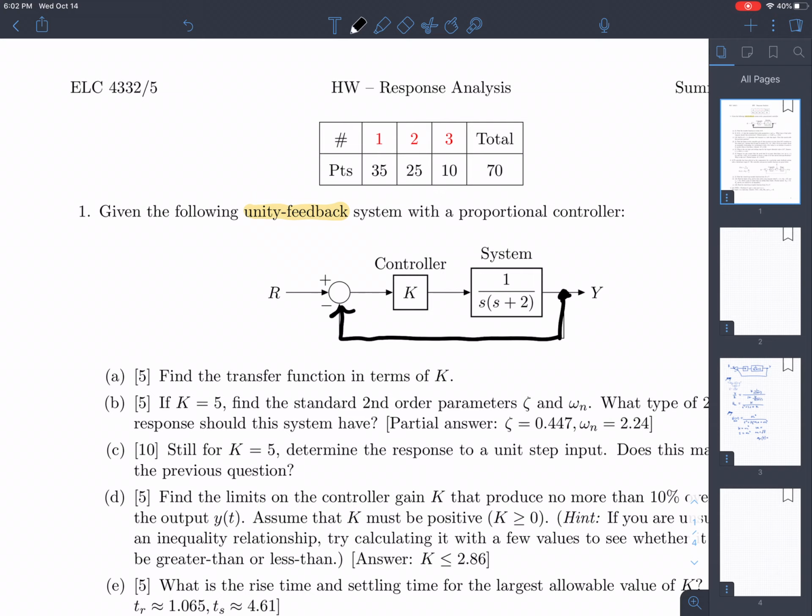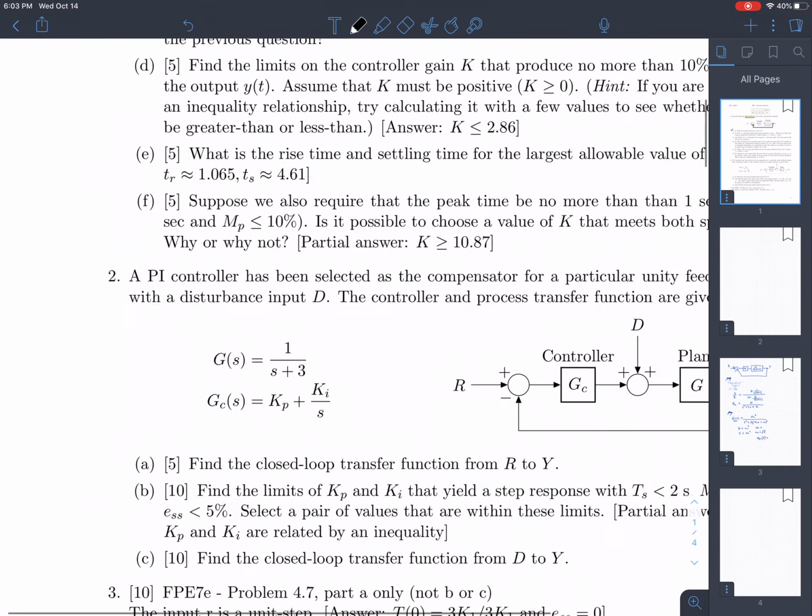When we say gain in electrical engineering, we just say we're going to multiply that signal by 1. So this is a unity feedback, and it's negative feedback because of the minus sign. And ultimately, in part A, we're going to be asking for the transfer function. Okay, so let's go over that for a second.